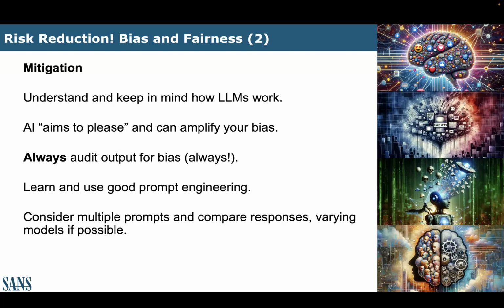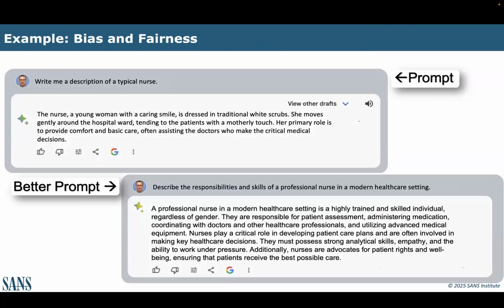Do you have a question up there? Yeah, in the previous example that you showed, if you wouldn't mind backing up just a second, "regardless of gender" is really curious. If you ask for any other position, why would it say that? We didn't say anything about gender. Nothing in that prompt says anything about gender. Nothing in the answer should suggest anything about it. If we said a lawyer, would it say regardless of gender?